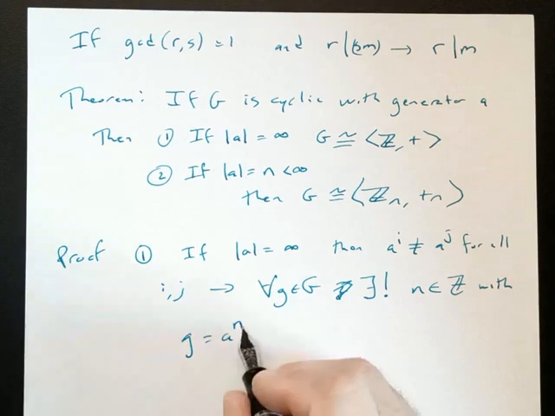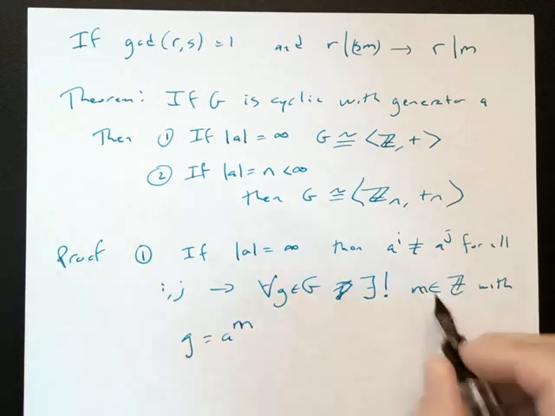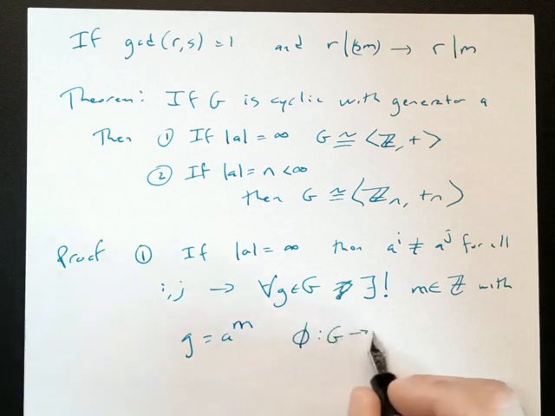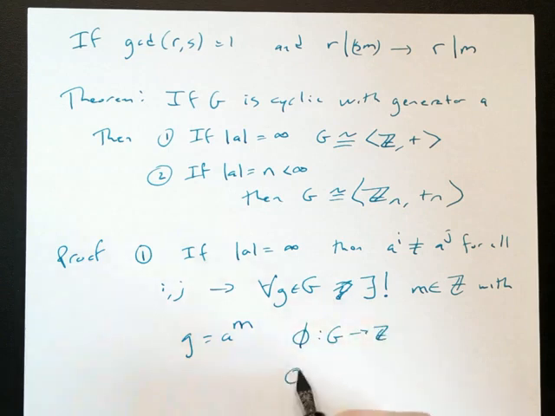I used n up there. Let me use something different. Let's use m. So that means that I'm going to define my isomorphism. Phi from G to Z is defined by phi of G equals phi of A to the m equals m.